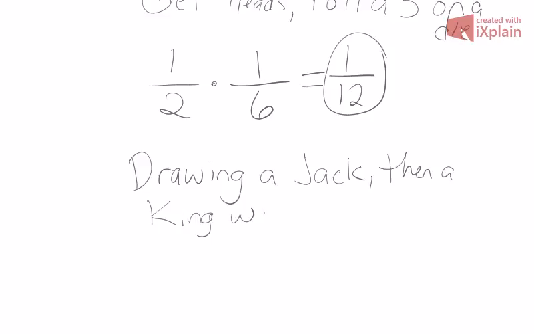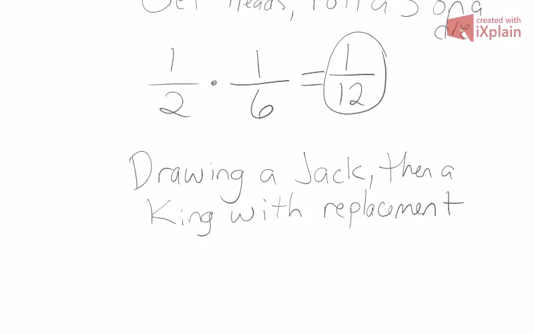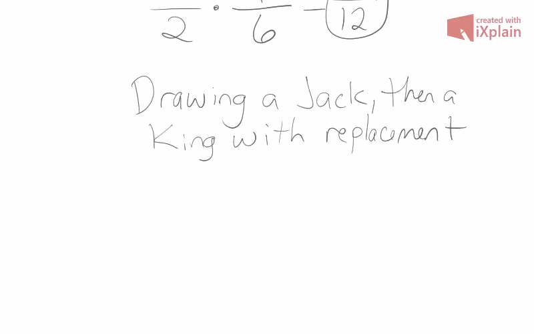And we're going to say with replacement. So what that means is I'm going to put the card back in. So if I have with replacement, I put the card back in after I draw it. And if it says without replacement, that means that you keep it out.